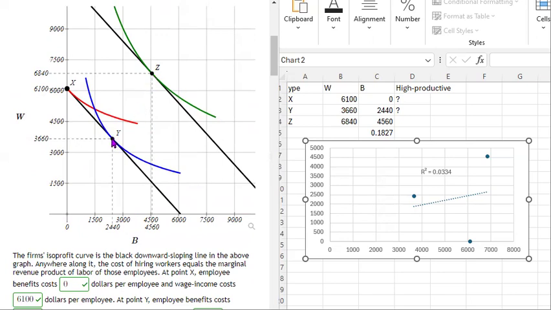This productivity is shifting the isoprofit line out here, right? So for X and Y type employees, there's a trade-off. For Z type employees, relative to X and Y type employees, there is no trade-off between the two variables, monthly wage rate and the value of the benefits, right?